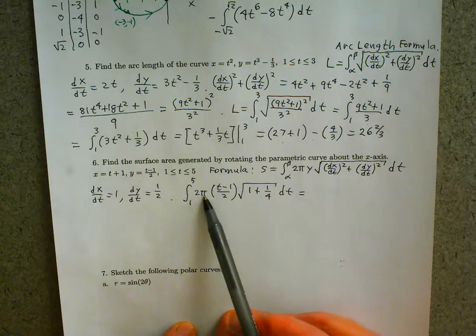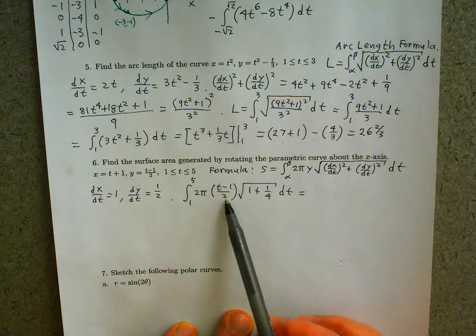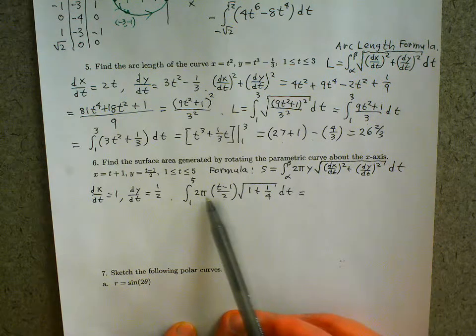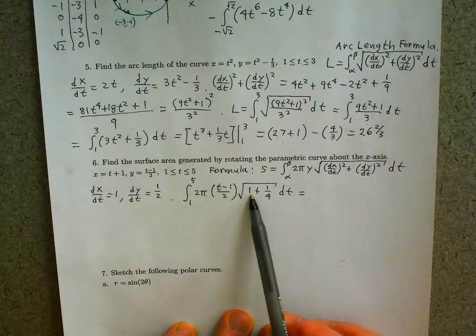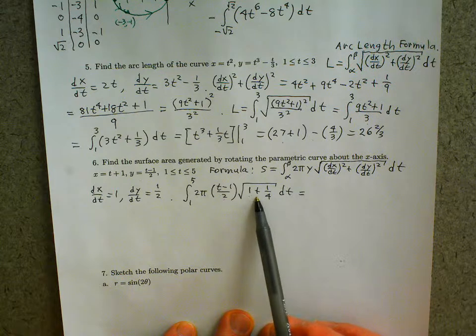Okay, 2 pi times (t minus 1) over 2. The 2's cancel. Pi is a constant. The square root of 1 plus 1/4 will simplify to the square root of 5 over 2.